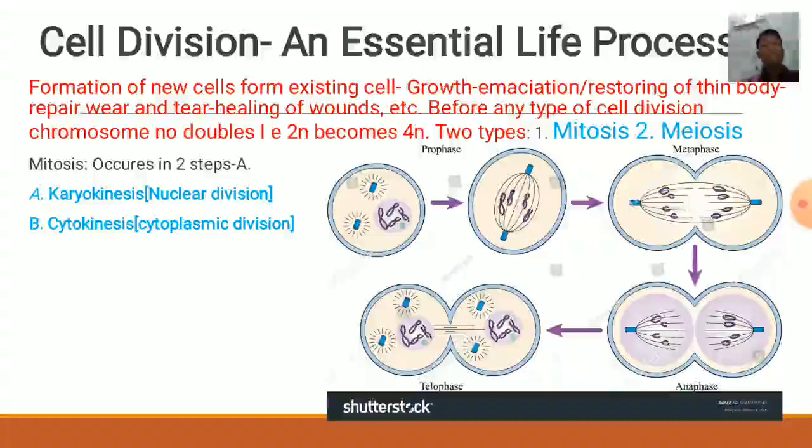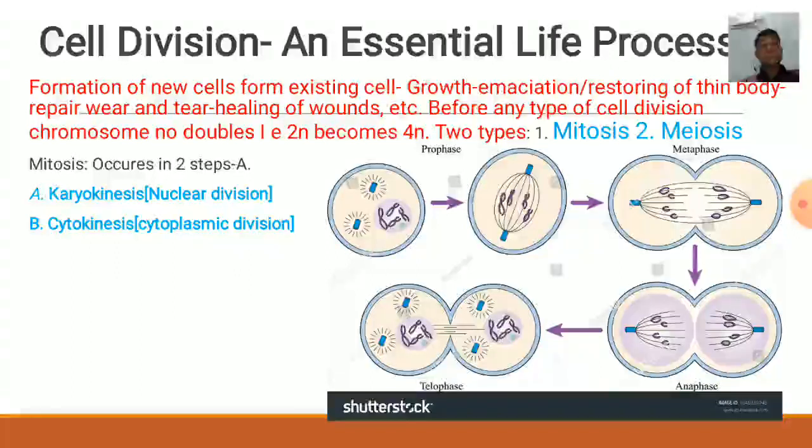Now we study the first step. Karyokinesis is completed through four steps. The first step is prophase. In prophase, condensation of the basically thin thread-like chromosomes starts, as shown in the figure.